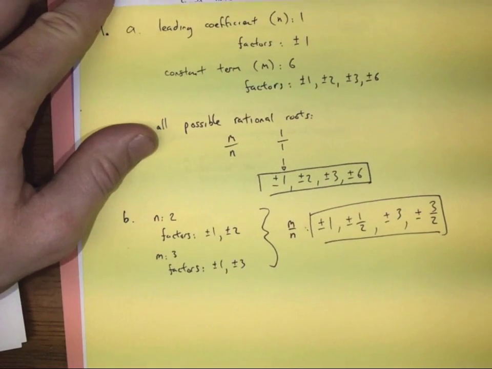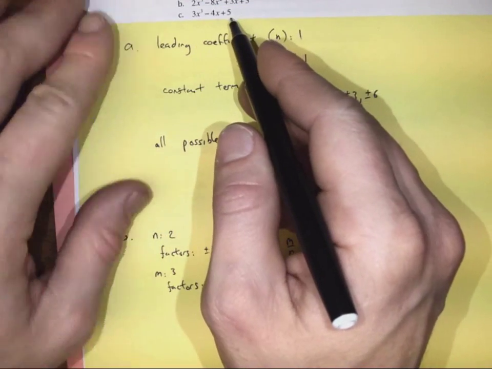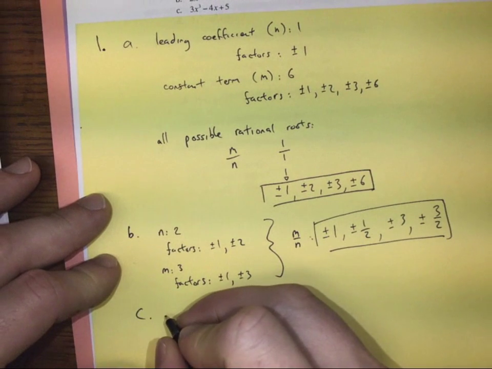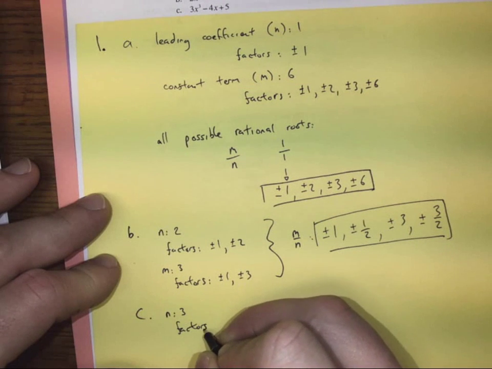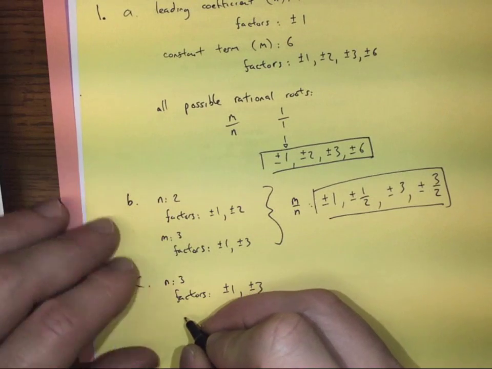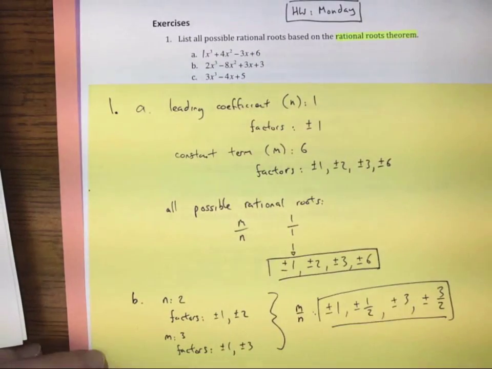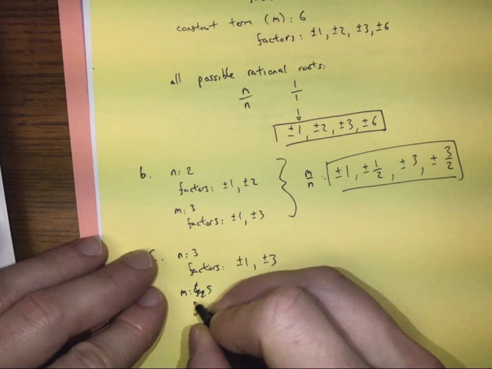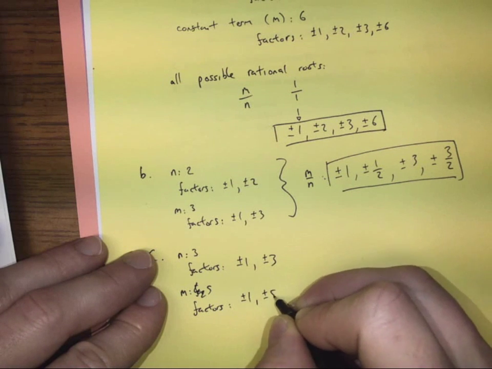Question C. All right, again, we have a prime leading coefficient, 3, and a constant term, 5. So that means our n value is 3, so our factors are plus or minus 1 and plus or minus 3. And our m value is 5, our last term is 5. So factors are plus or minus 1 and plus or minus 5.